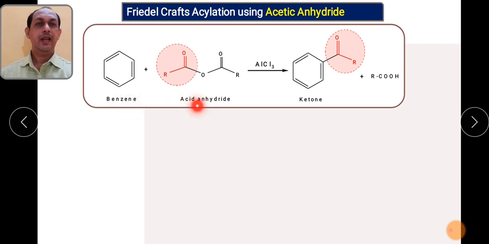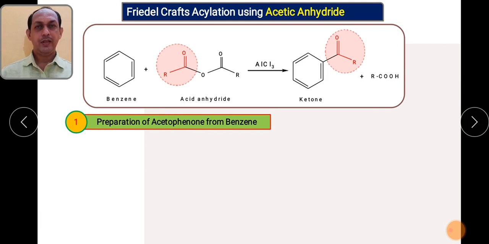Benzene reacts with the acid anhydride in the presence of AlCl3, and you will get the formation of the ketone. You can also get the ketone this way. The only thing is that instead of acid chloride, you can go for the acid anhydride. See this particular part, it is coming from the acid anhydride with the elimination of carboxylic acid.